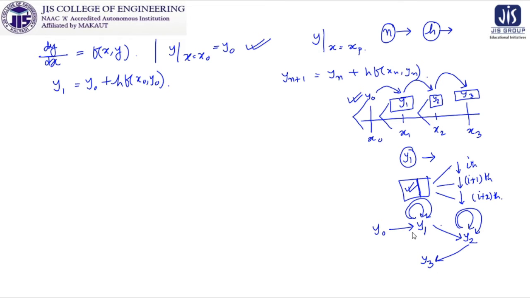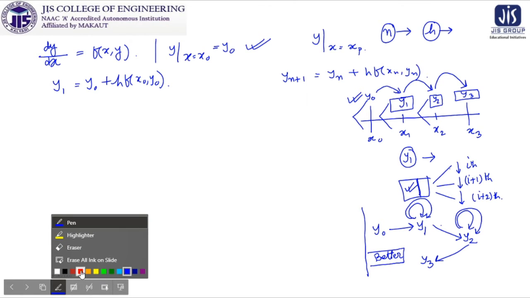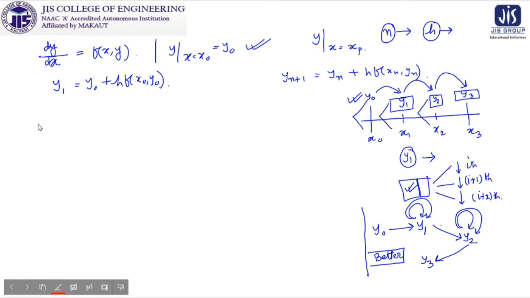This philosophy is much better than the previous one, and this modification is incorporated in Euler's method to generate the modified Euler's rule. So let us see what that is.